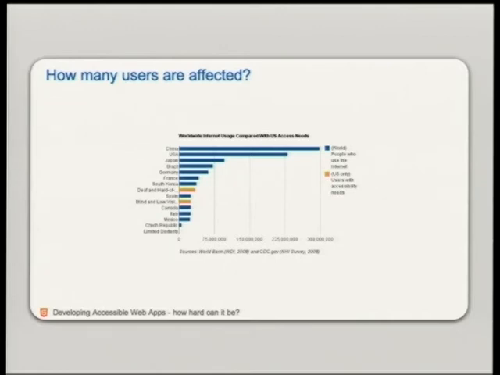Blind and low vision users in the US only exceed the number of internet users in Canada. So it's a massive number of users that need accessibility. So we've got deaf and blind and low vision here. There's also cognitive impairment, motor impairment, lots of different things that need accessibility considerations. However, we are really only going to talk today about screen reader users.